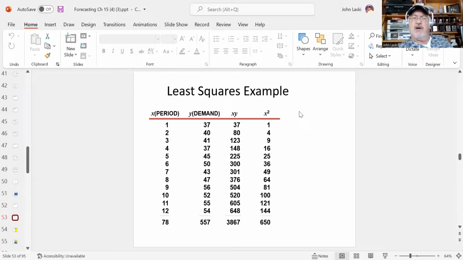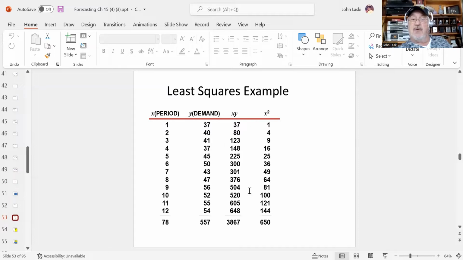How do I get an xy? This is tough. X times y. 1 times 37, 37. 2 times 40, 80. 3 times 41, 123, and so forth. And pretty soon we find we've got an entire column of xy's.